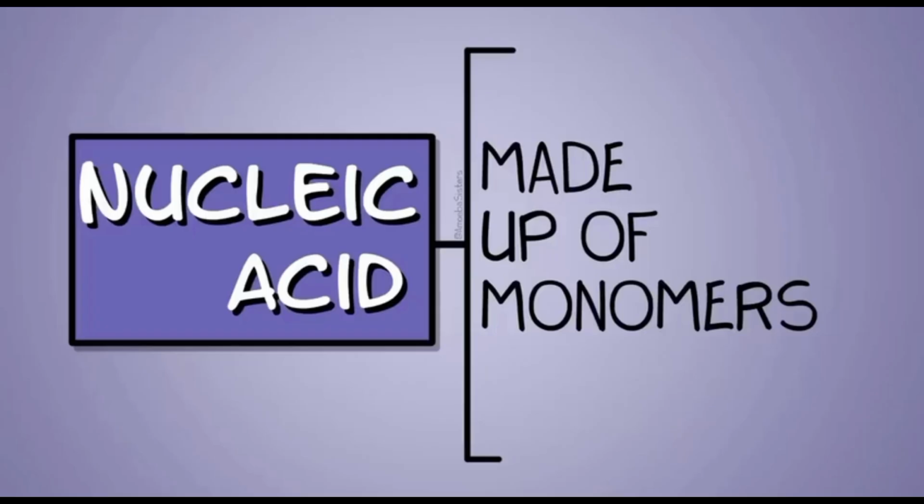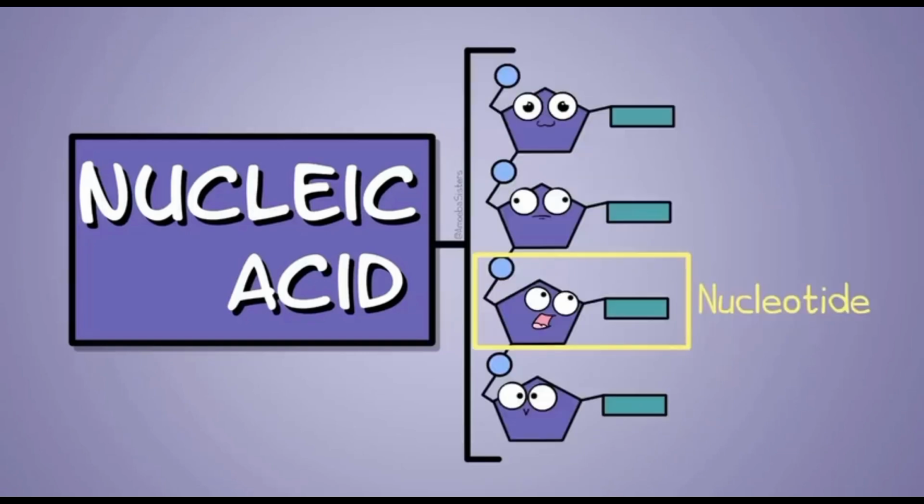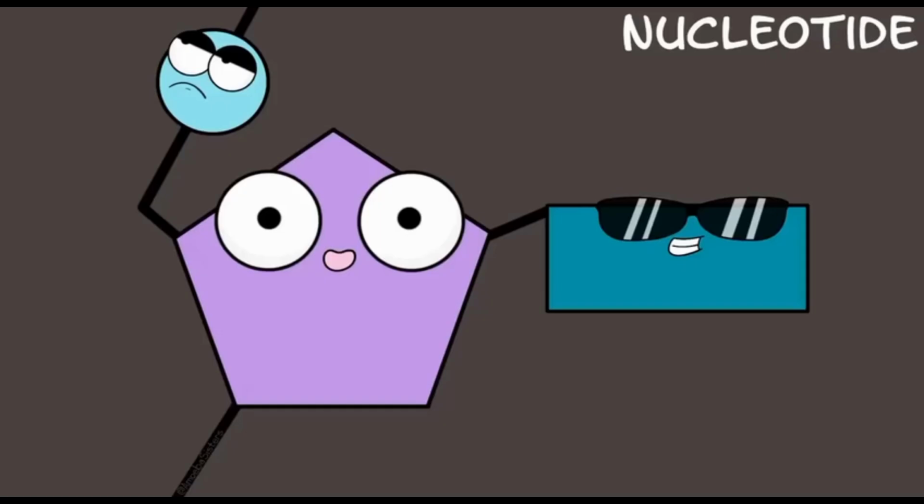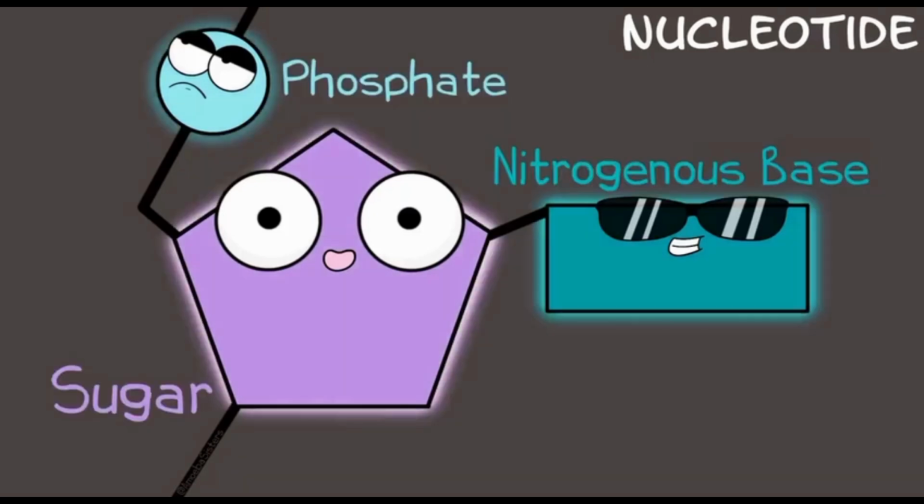Nucleic acids have a monomer, which, if you remember from our biomolecules video, a monomer is a building block. The monomer for nucleic acids is a nucleotide, so both DNA and RNA have nucleotides. The nucleotides of both RNA and DNA have three parts: a phosphate, sugar, and a base.